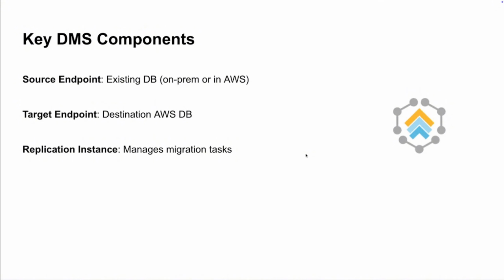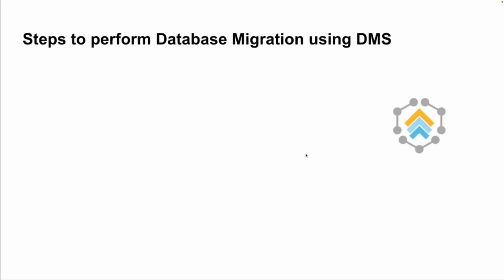You need to know the source and the target, which is the destination, and most importantly you need what we call a replication instance. So you are setting up an instance whose purpose is to help migrate this data, so you will not be using any of the engine's resources to push this data. Then we'll have what we call the migration task, which defines what and how to migrate.